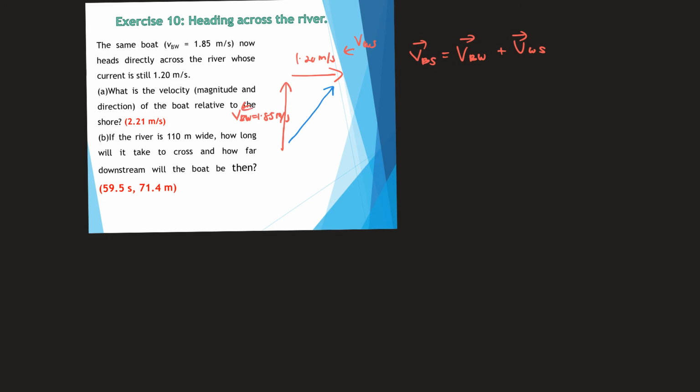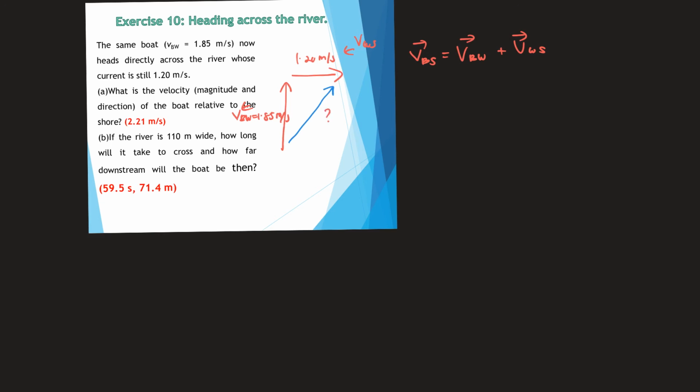But you cannot use plus and minus because both are in different components. One is the x component, one is the y component. Therefore, you need to use the Pythagoras theorem. The question asks you to find the velocity of the boat relative to shore, which is this one.